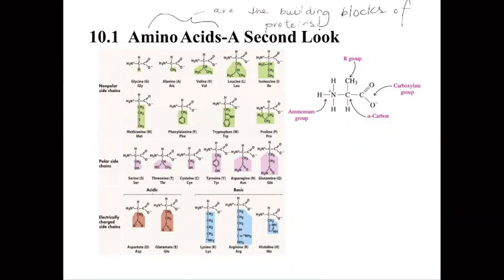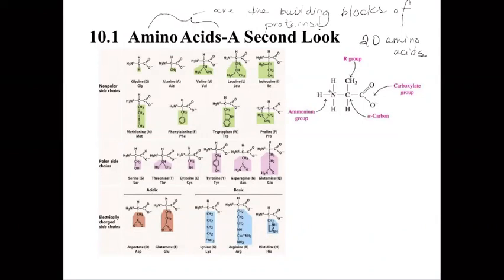How many amino acids do we have out there? We have 20 amino acids. There's actually more than 20, but the other extra amino acids are not common in all cells. That's why we only talk about the main 20, which are present in all the proteins for cells, okay?